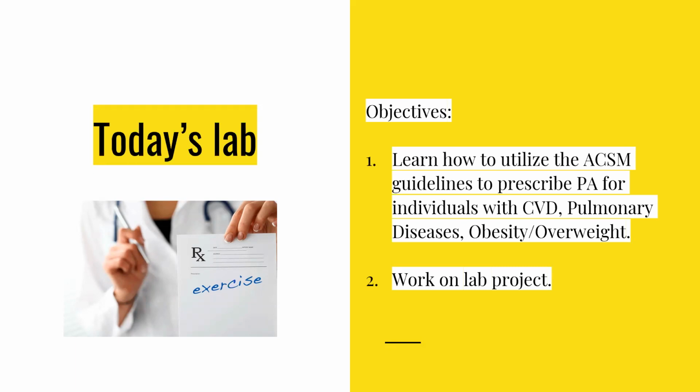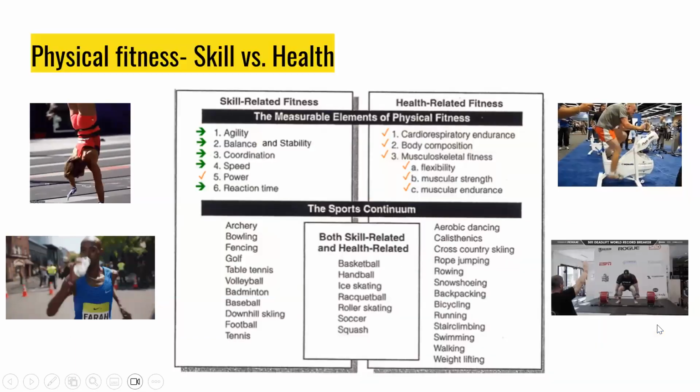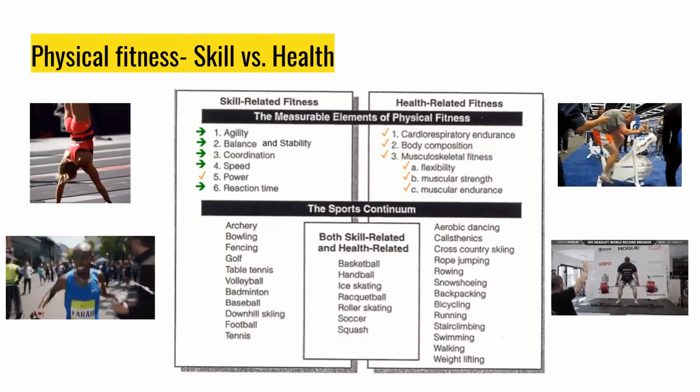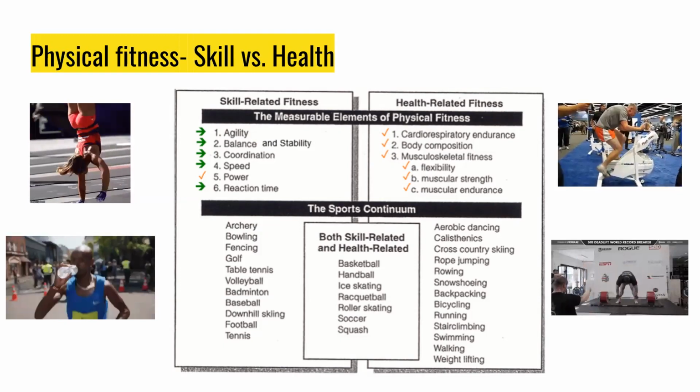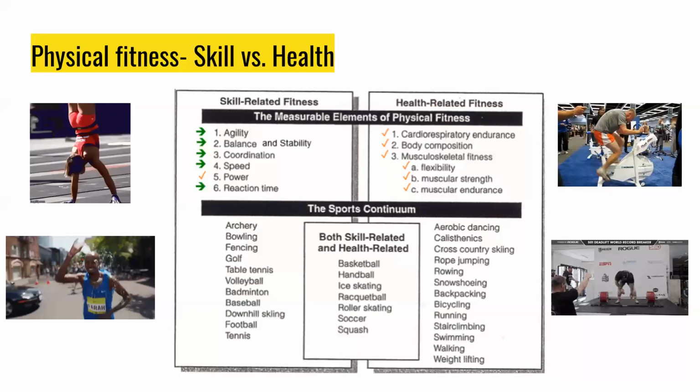We're also going to be working on your lab project this week. So this is the overview of the health-related and skill-related fitness tests that we've done throughout the semester, right?